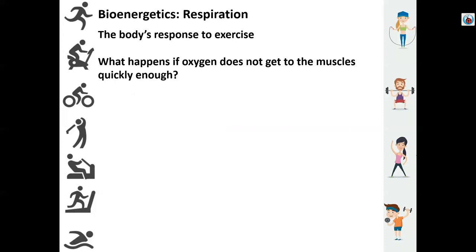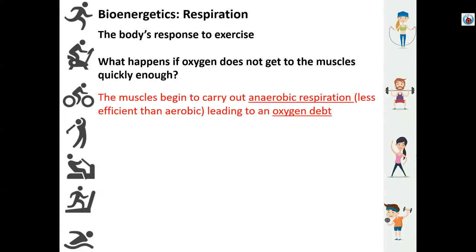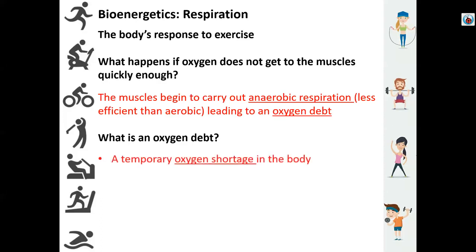Now, the thing is, we've been talking about aerobic respiration, but what happens if oxygen doesn't get to the muscles quickly enough? Well, we know that anaerobic respiration takes place. Because anaerobic respiration is less efficient than aerobic respiration, this leads to what we call an oxygen debt. So what is an oxygen debt? An oxygen debt is simply a temporary oxygen shortage in the body.